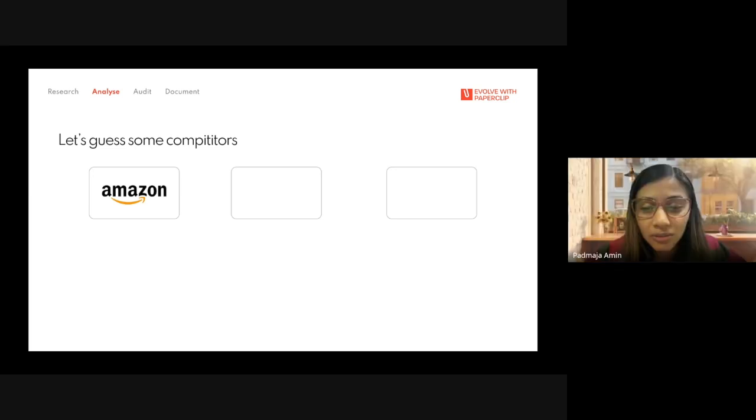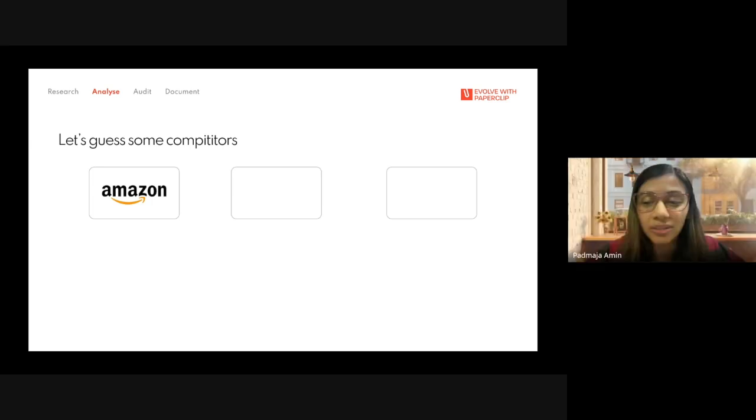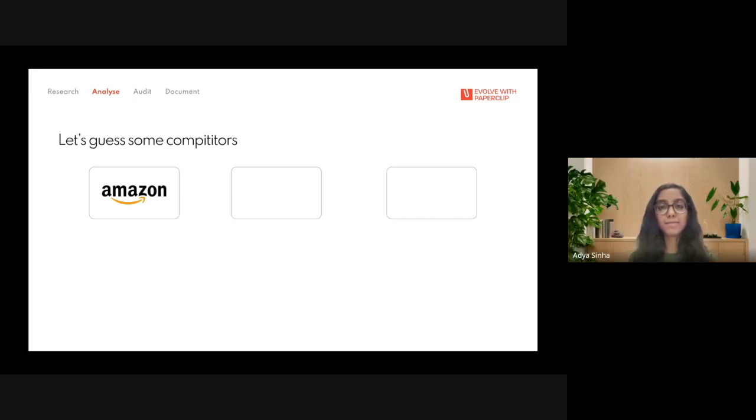Moxie mentions one of the competitors for Amazon could be Flipkart. You could guess two, three, as many. Another response is Walmart. Swiggy for Amazon, nice. Meesho for Amazon.